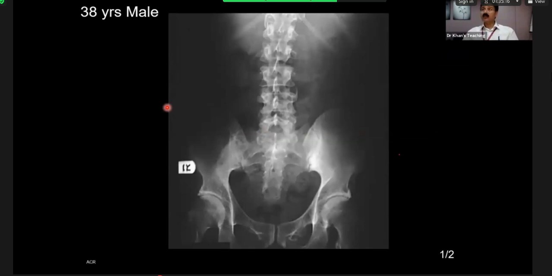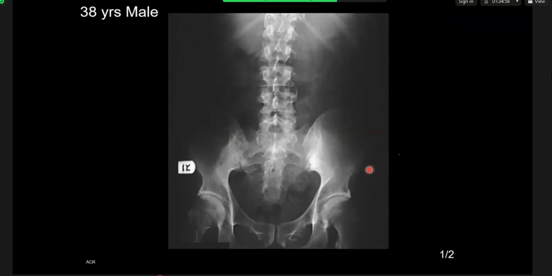Okay, candidate 4. This case, if you see, has bilateral asymmetrical sacroiliitis. What is happening in the spine? Can you pick up anything in the spine? Yeah, I can see that there are floating syndesmophytes, which are not marginal, involving the lumbar vertebrae.